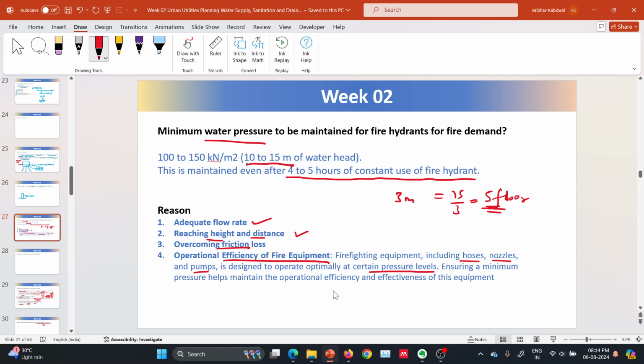And we need to provide 10 to 15 meter water head so that it can have adequate flow rate, and the water can reach adequate height, and to overcome the friction loss, so that our fire equipment can work efficiently. So that's why we need water pressure.